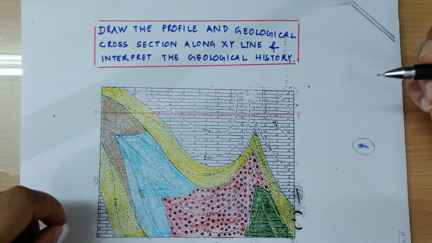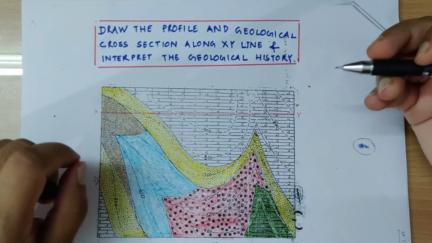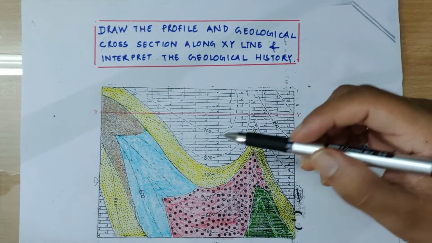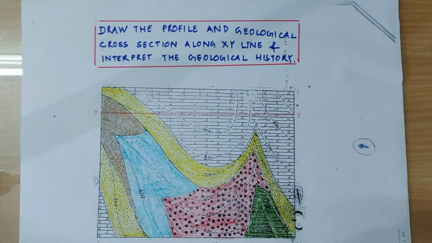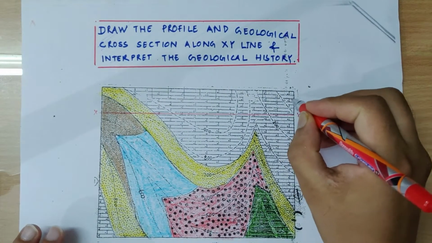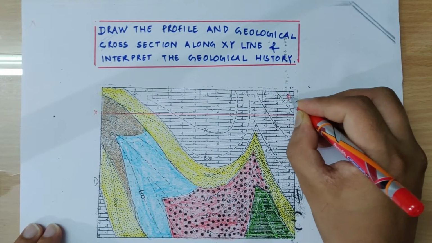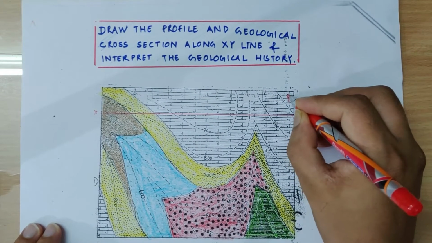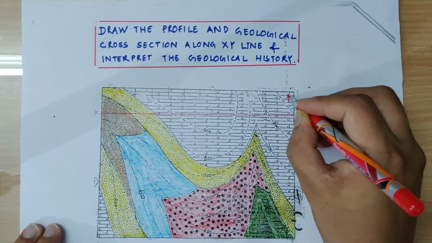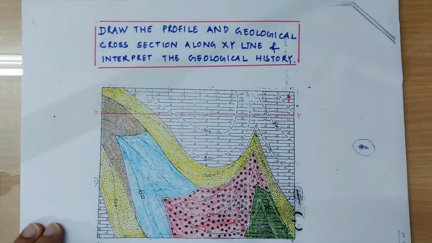So let's first understand the map, different elements of the map. So this direction in the map, because the north is not mentioned, the top of the map is always north. So this direction is north, which I am marking with a red arrow.